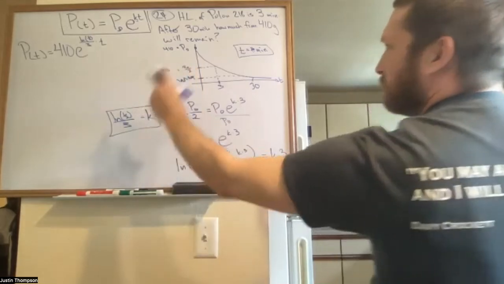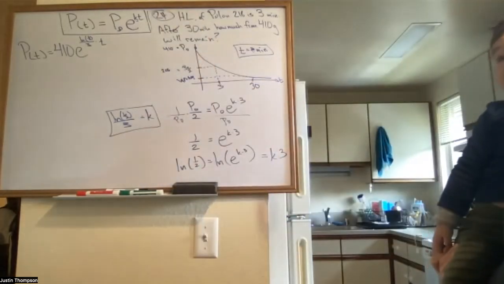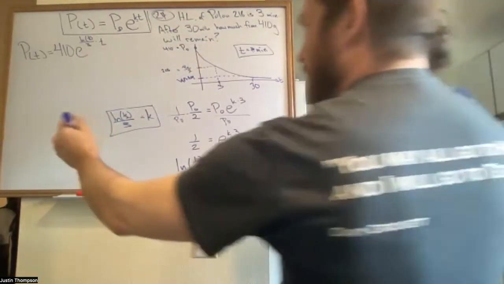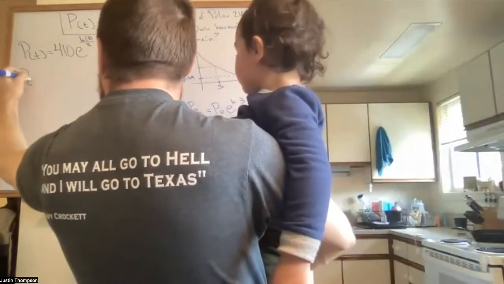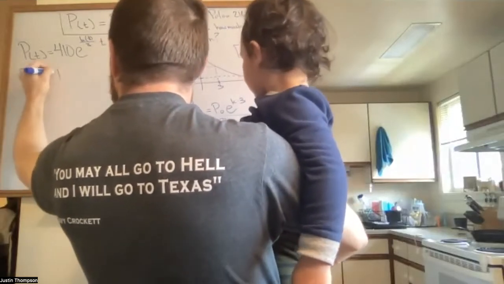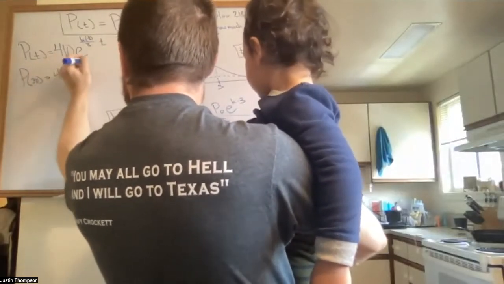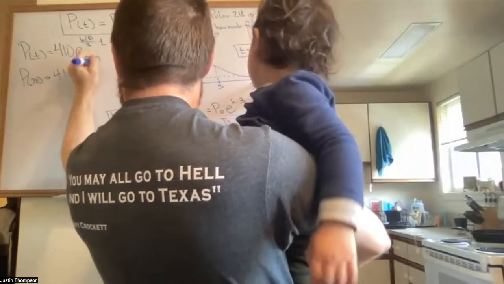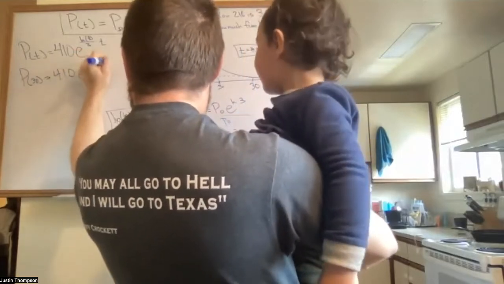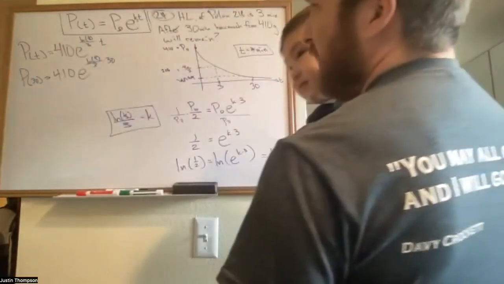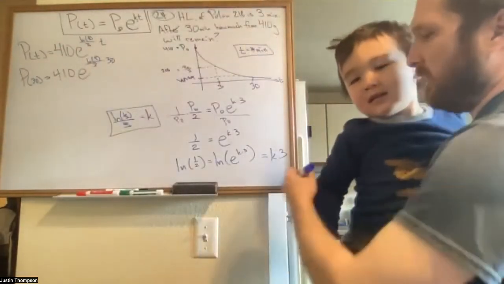P of 30 is 410 e to the natural log 1/2 over 3 times 30. I'm going to do that in the calculator right now.